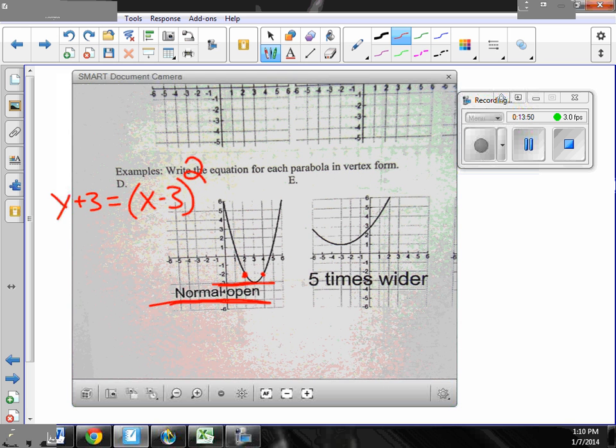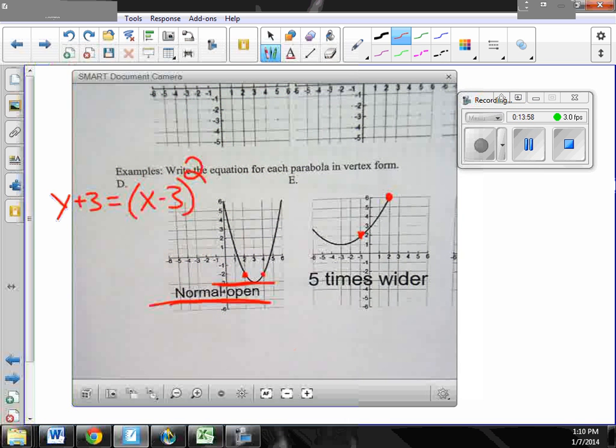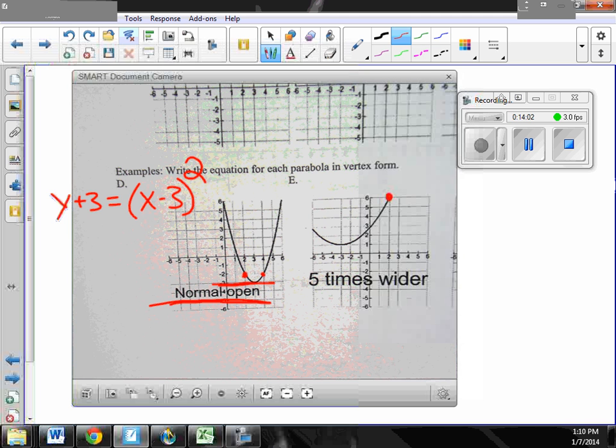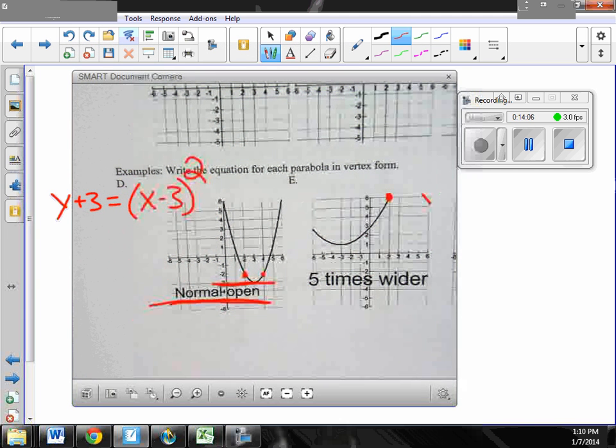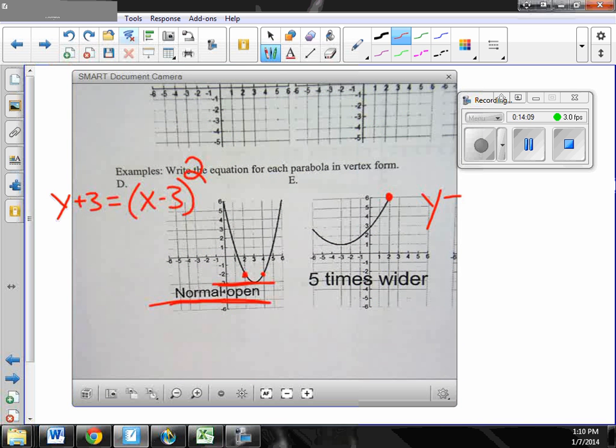So on this next graph, it looks like it hits that point, but it actually just barely misses. The first time it hits a point is way up here. So to alleviate that confusion, I've told you it's 5 times wider. So this is going to be y minus 1 equals, not 5, 1/5.